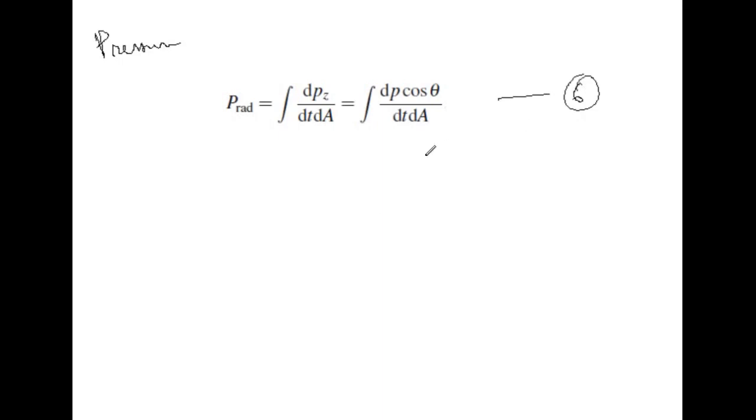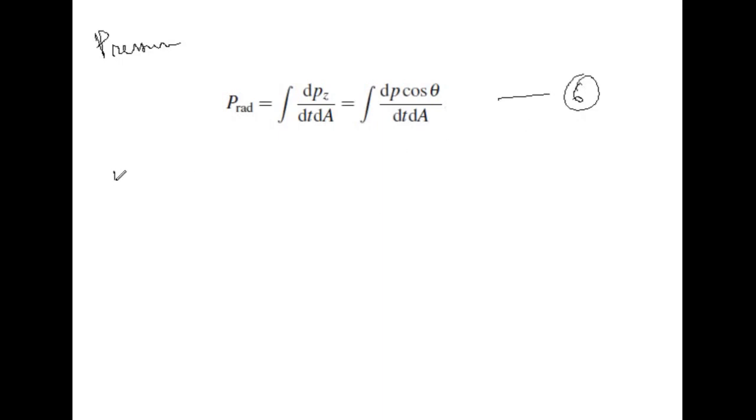Thus, we can calculate the radiation pressure due to the radiation field given by this I lambda by considering the flux of the component of momentum normal to the surface. So, if we take the surface element dA to lie in the xy plane, then the pressure is this quantity, equation 6.